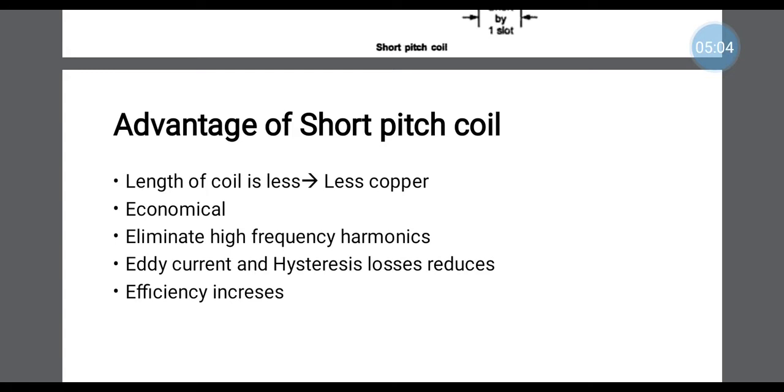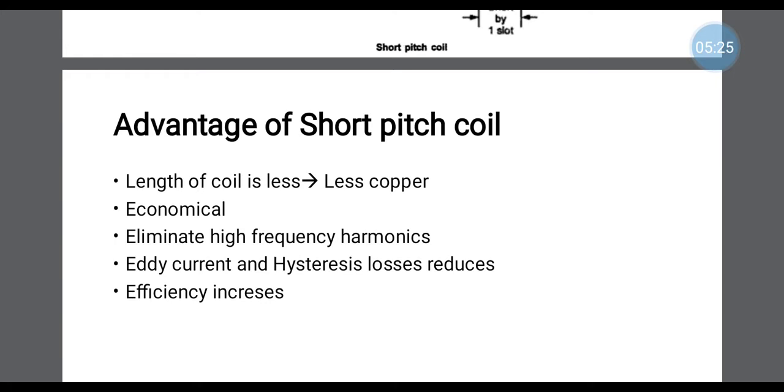And also the short pitching eliminates high frequency harmonics. Usually the high frequency harmonics distort the sinusoidal waveform. So we can obtain a more sinusoidal waveform due to the short pitching, so that a quality waveform can be ensured.